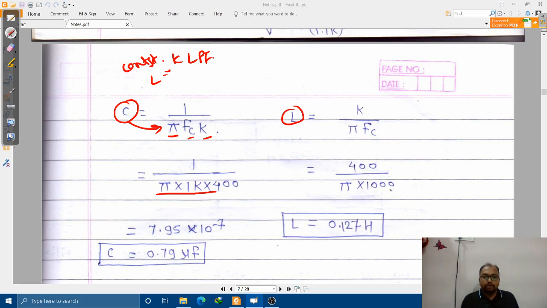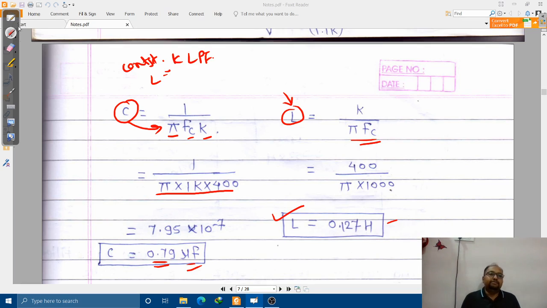Once I put the values of cutoff frequency and design impedance, I will be getting the value of capacitor as 0.79 microfarads, and the formula that we have used for inductor is again the same formula from your constant K low pass filter. So it is nothing but K divided by pi Fc. Once I put the values, I will be getting the value of inductor as 0.127 henries.